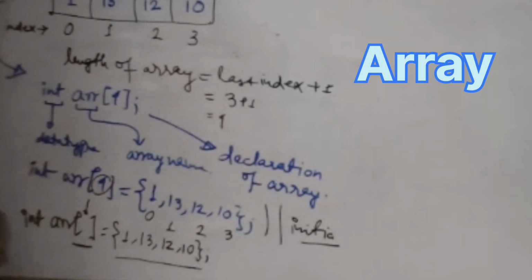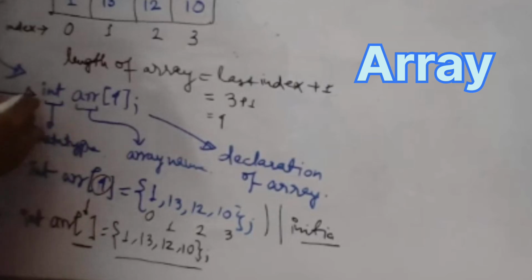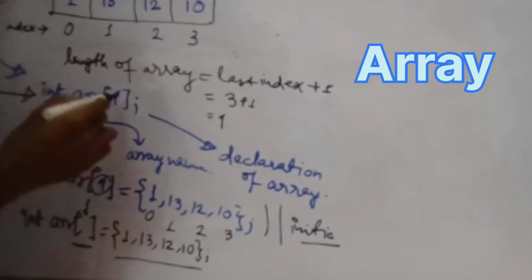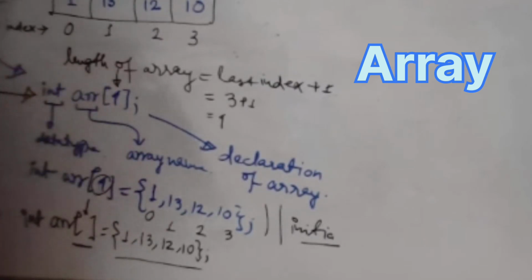But when we only declare the array, like the first one, we have to put the size also. Otherwise it will give you an error during or after compilation.